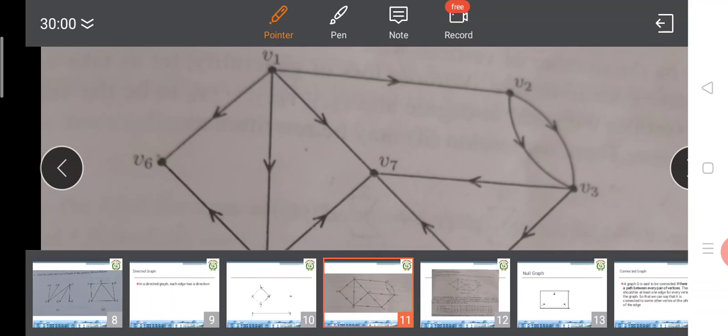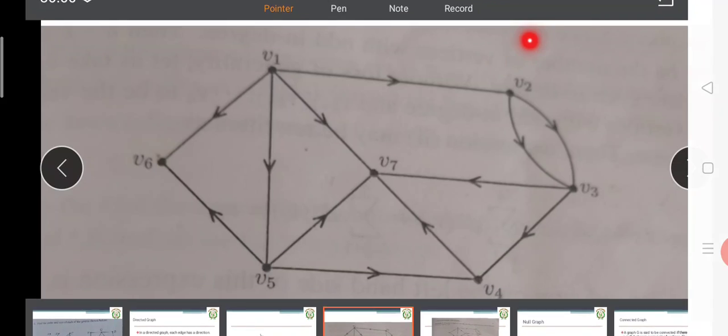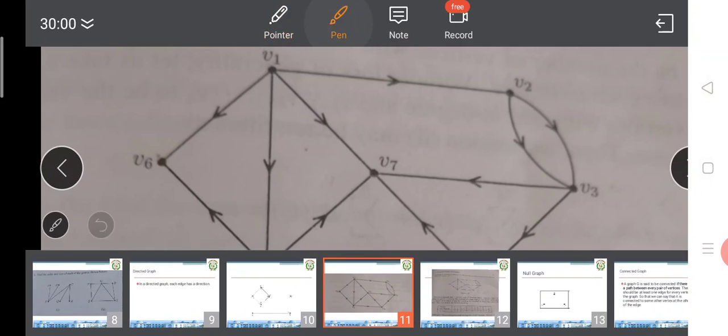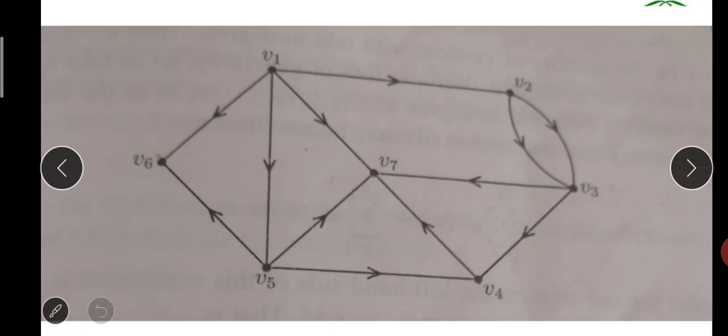Out degree is nothing but the number of edges outgoing from that vertex. Observe V2. What is the in degree of V2?